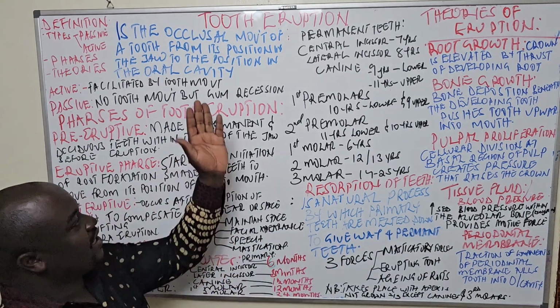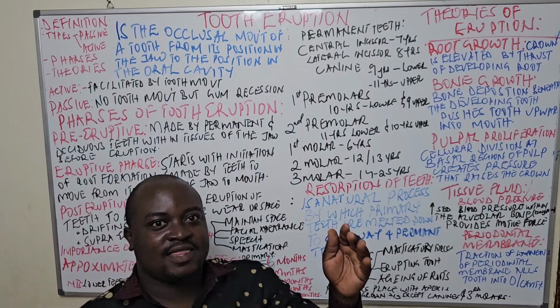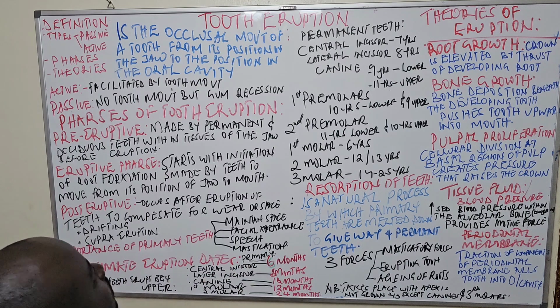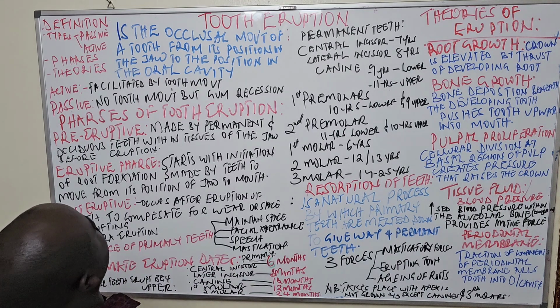But tooth eruption is the movement of a tooth from one place to the other. What are we talking about?